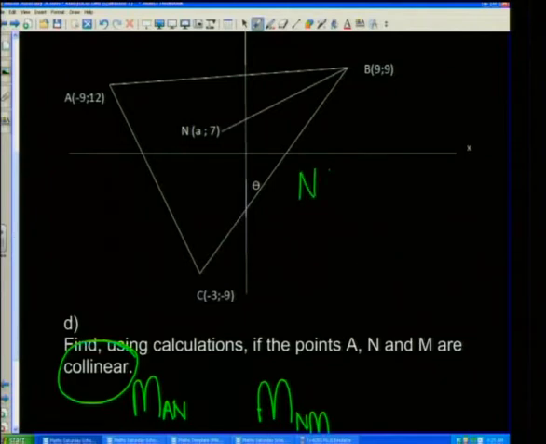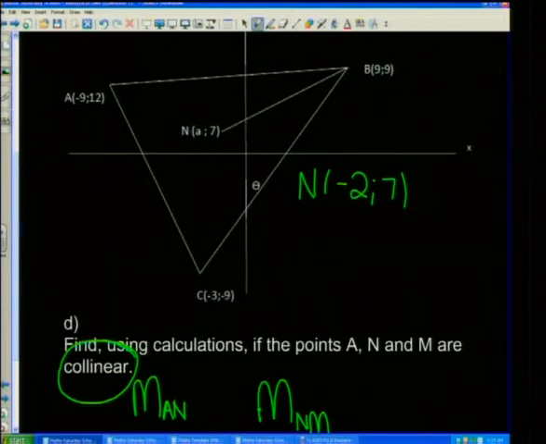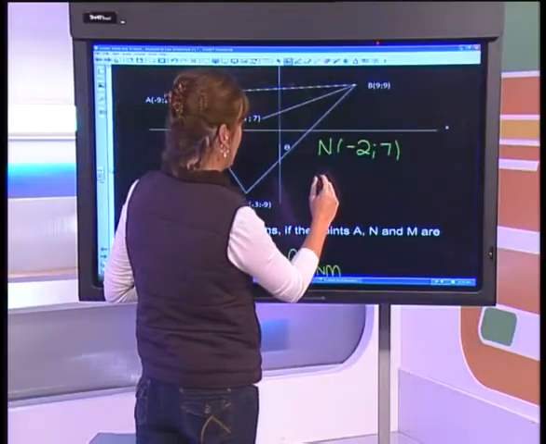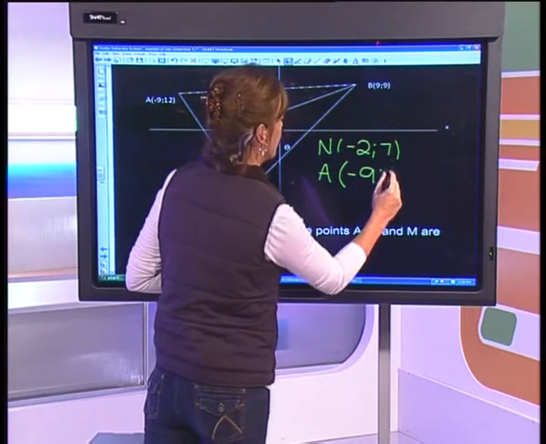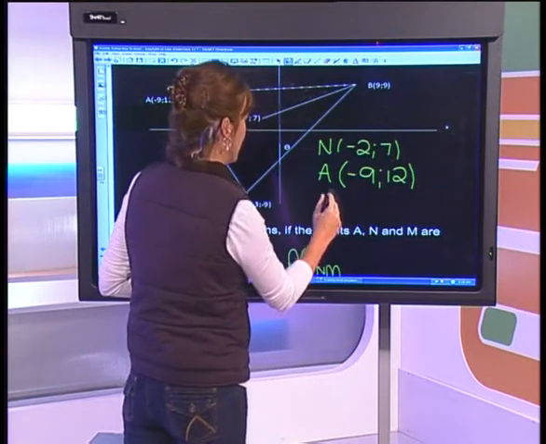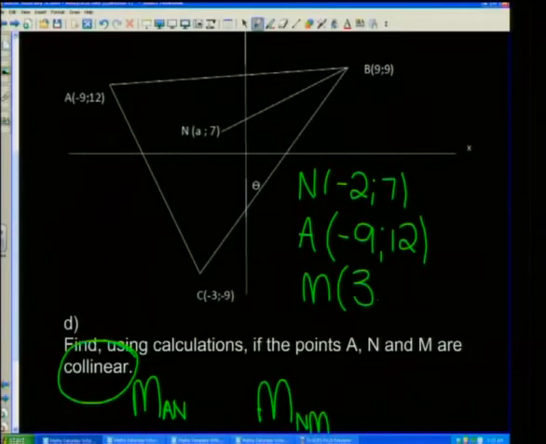Point A is -2 and 7. Point N is, where's point N again? Point N is -9 and 12. And point M, which is the one that we've just proven, was 3 and 0. Right, there we go.